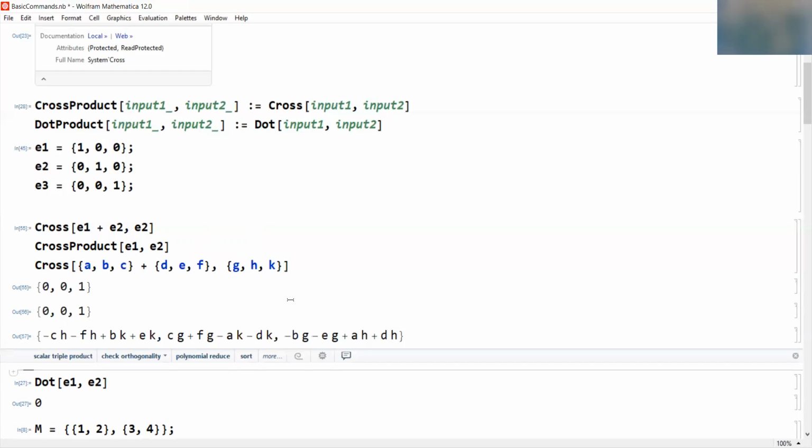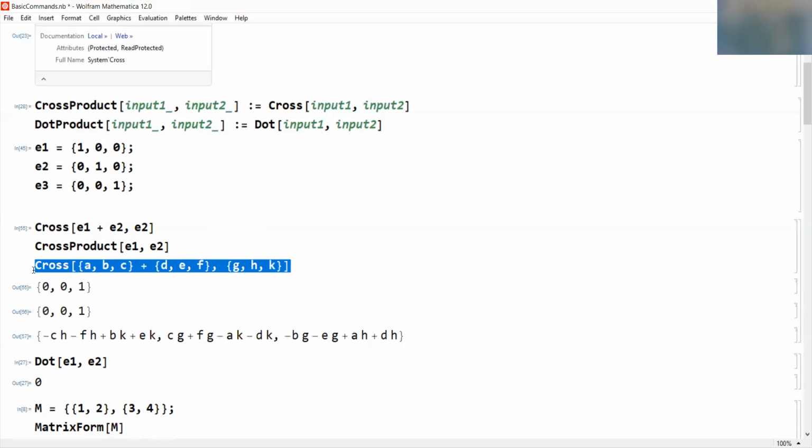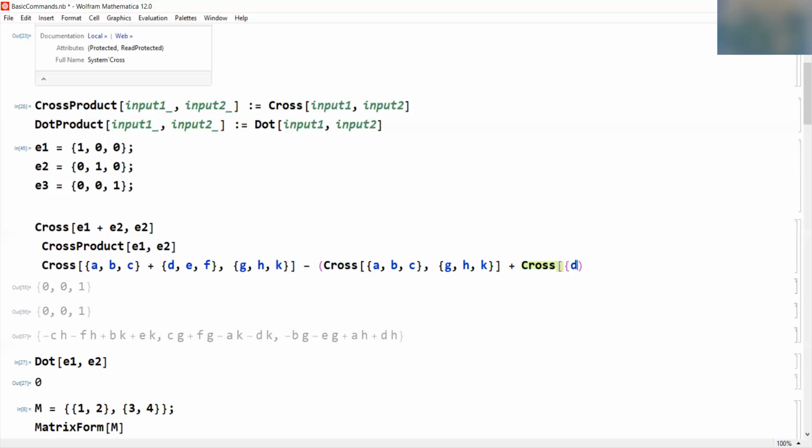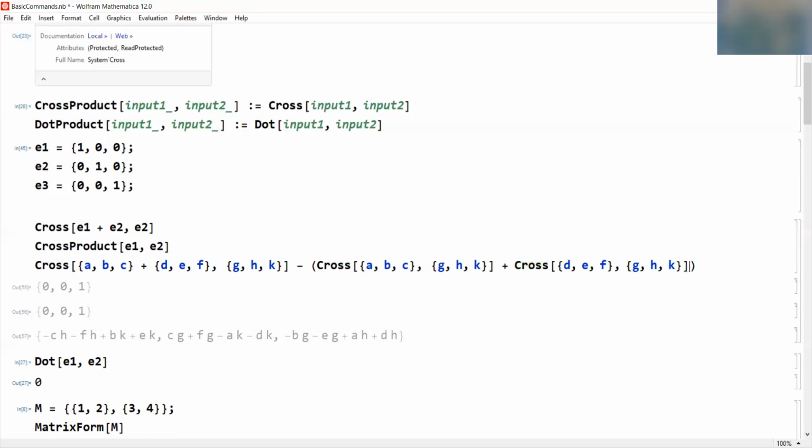Yes. So this was the cross product. Now what I'm going to do is subtract off the cross product of the first one plus the cross product of the second one, which is going to be D, E, F, comma, G, H, K. And what should I get now?